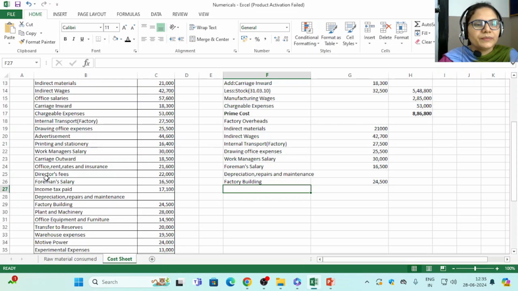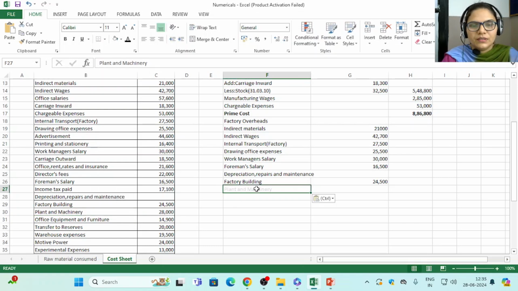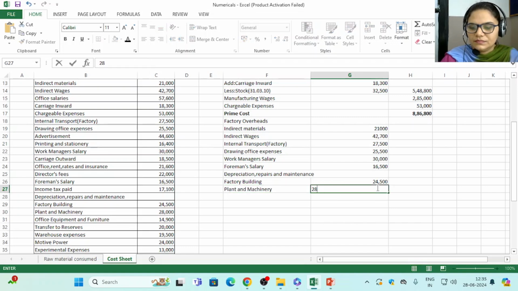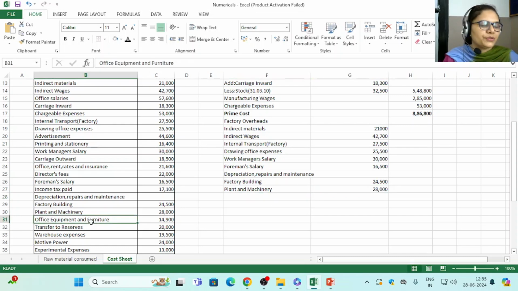Next is your plant and machinery. Plant and machinery value is given as 28,000. Then office equipment and furniture we are definitely not going to show over here.